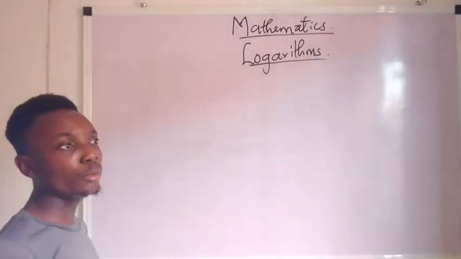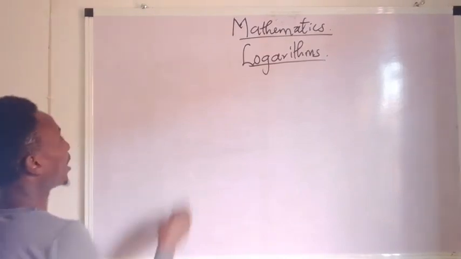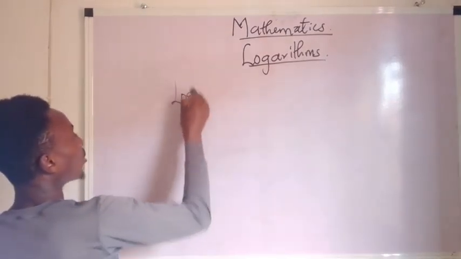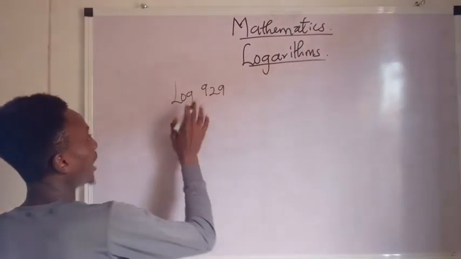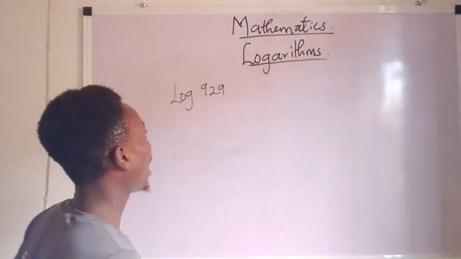Our logarithm table is made with that particular base in mind. So for example, you have log 929. If you have something like this, just take note that the base is naturally base 10.